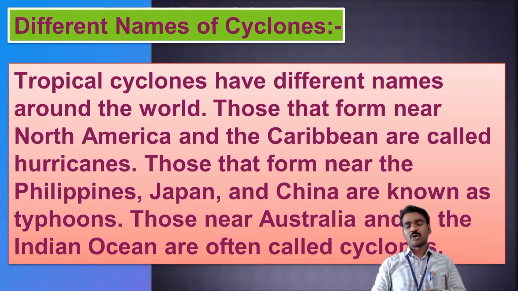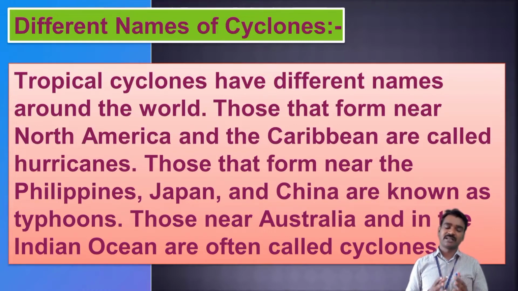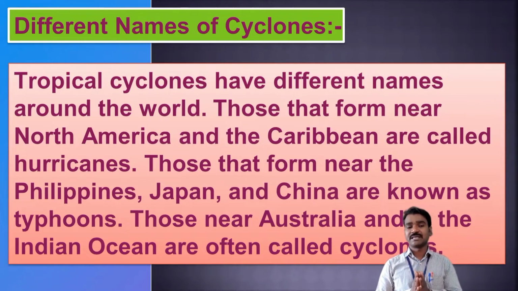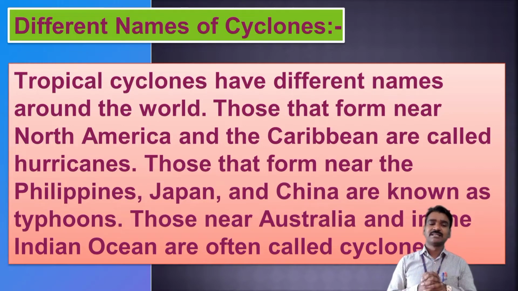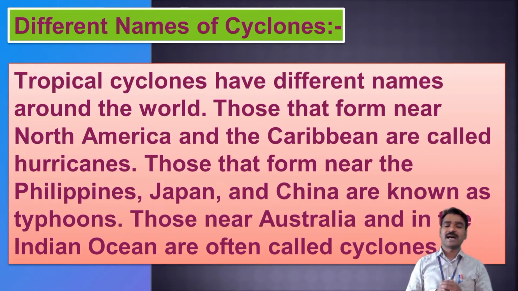Tropical cyclones have different names around the world. The cyclones which form near North America and the Caribbean islands are called hurricanes.